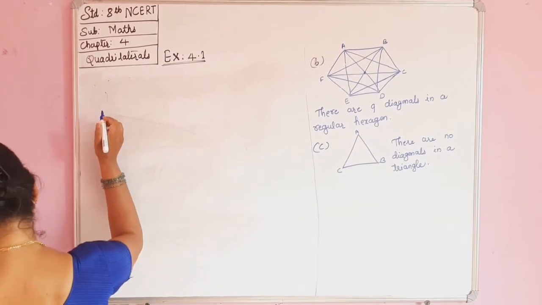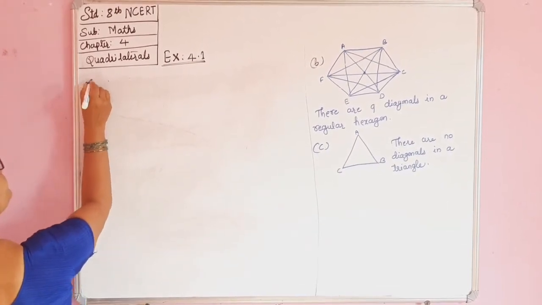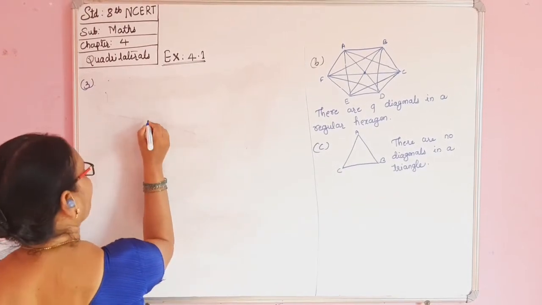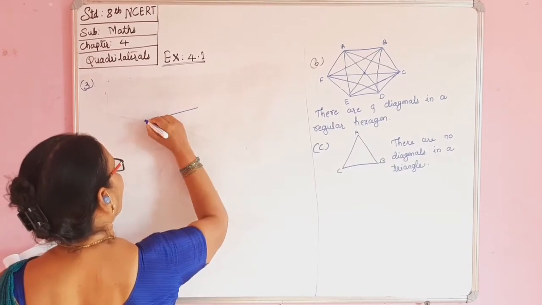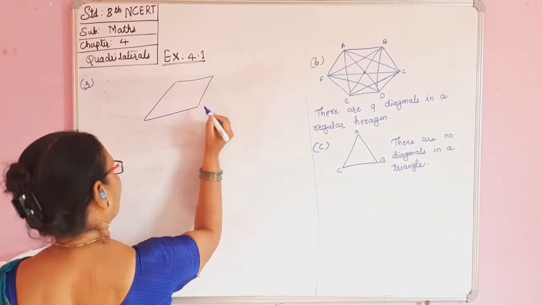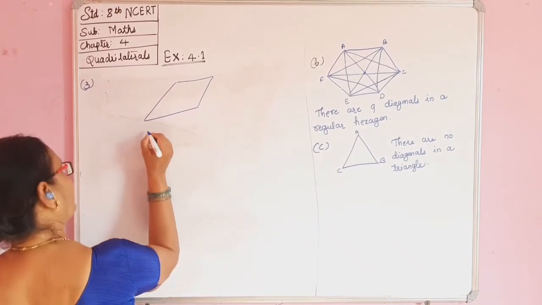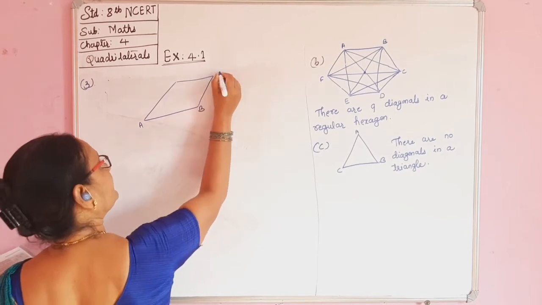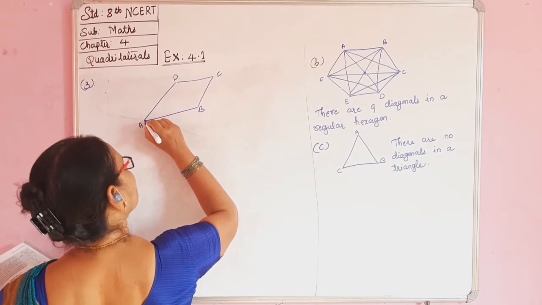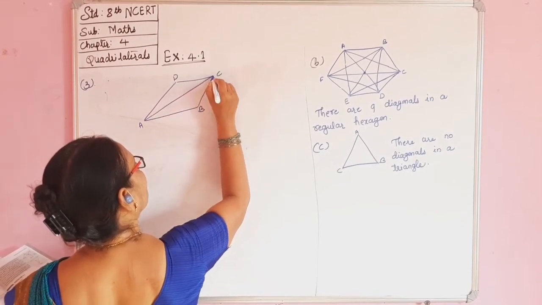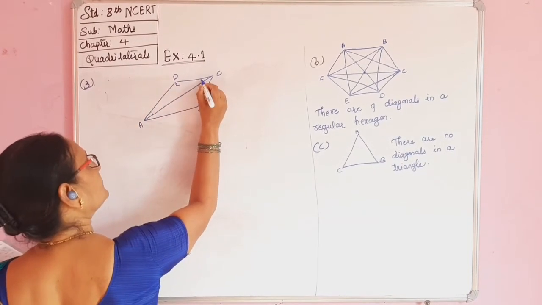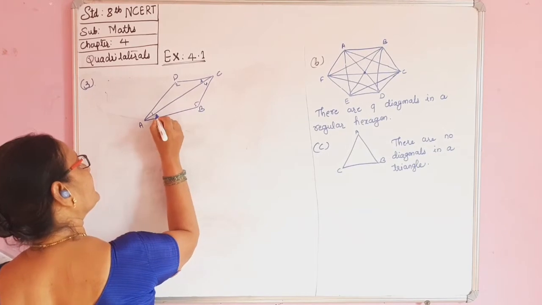So we will draw one convex quadrilateral. This is a convex quadrilateral A, B, C, D. And this is the diagonal, and we will write the angles here 1, 2, 3, 4, 5 and 6.